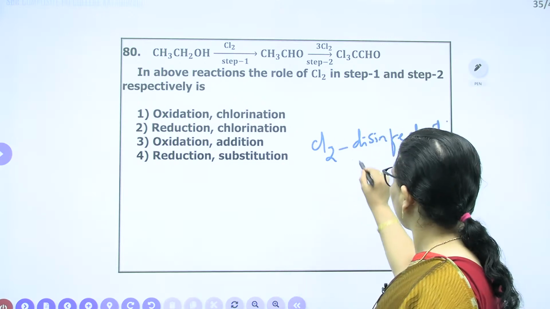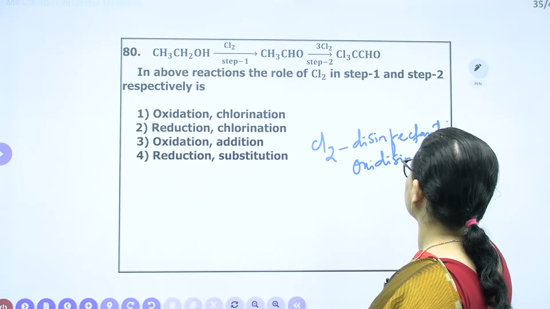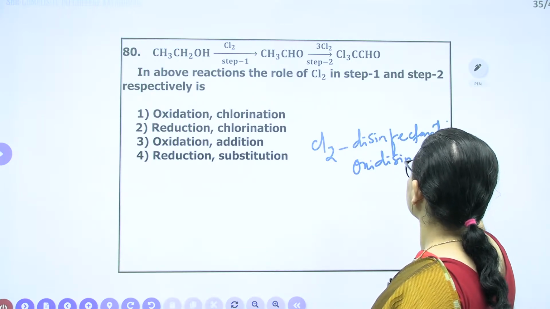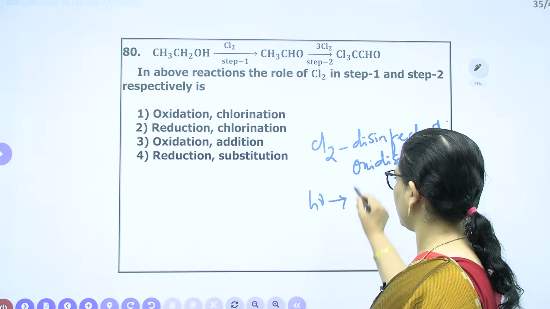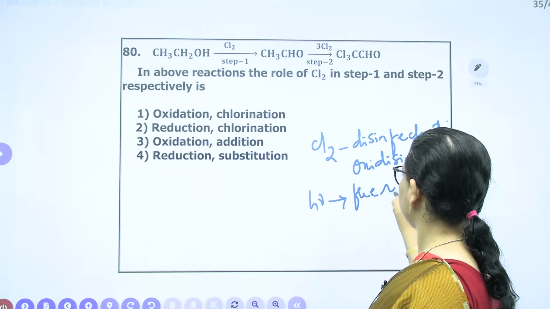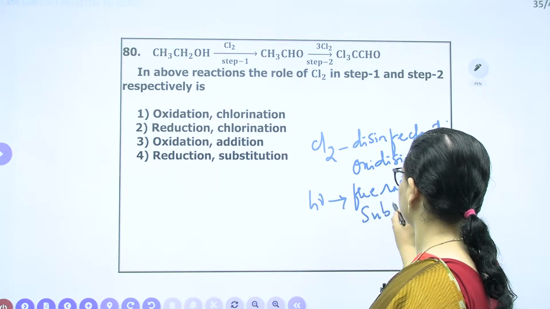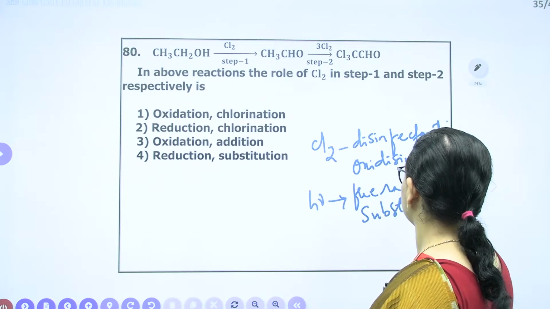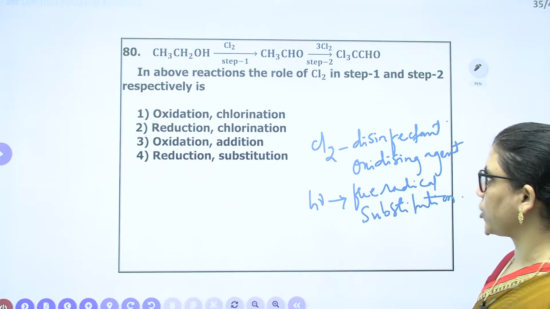But in the presence of sunlight, it can undergo a free radical substitution reaction.